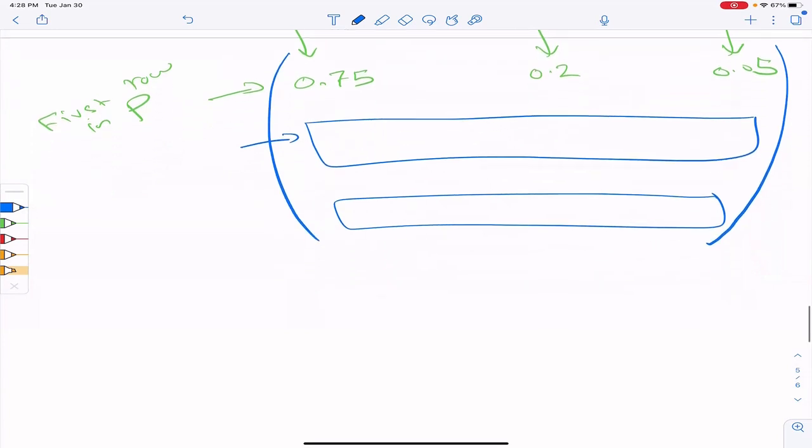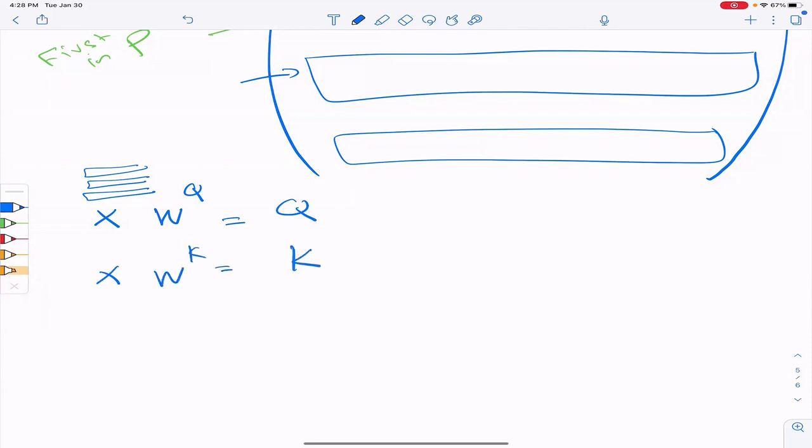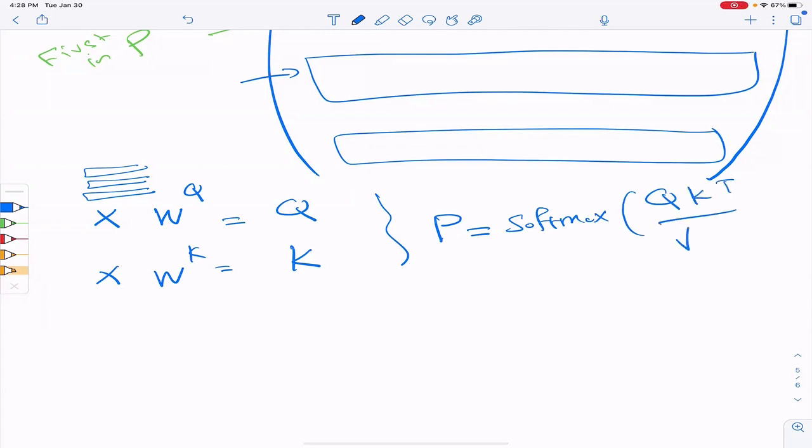From a matrix point of view, what you're doing is you multiply your X, a matrix whose vectors are X1, X2, and X3, with a matrix WQ, you get the Q. You multiply X with a matrix WK, you get K. And your P matrix, your attention matrix, is nothing but softmax of Q K transpose, that's the inner product, divided by the square root of the dimensionality of your key.